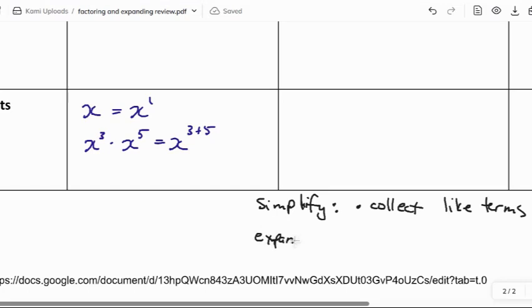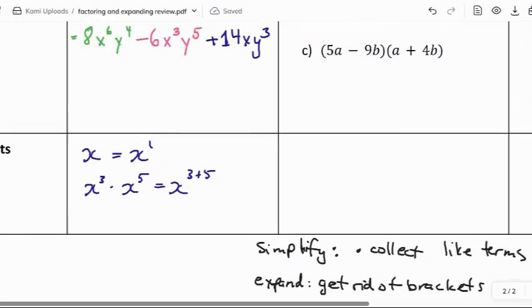Expand, a very simple definition of it is get rid of the brackets. Expand really means we're multiplying, but to say get rid of brackets, oh yeah, I'm going to multiply.